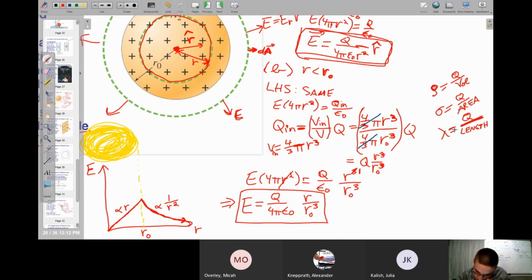This is a useful thing to know, and it might be useful for you to look at some of the example problems in your text where you have a charge distributed throughout a unit length.